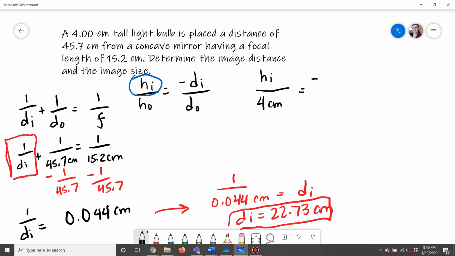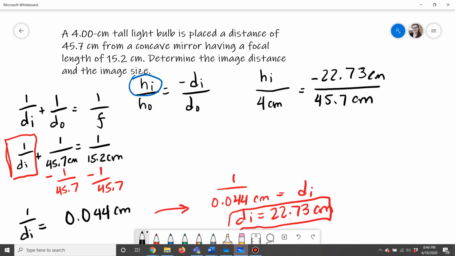Now on top we have negative of the image distance. My image distance before, if we go and look over here, that's the one we had to calculate, and that's going to be 22.73. So we had to calculate that first before we do this. And I also need my object distance. Well, my object distance is just how far away from the mirror it was, so that's our 45.7.